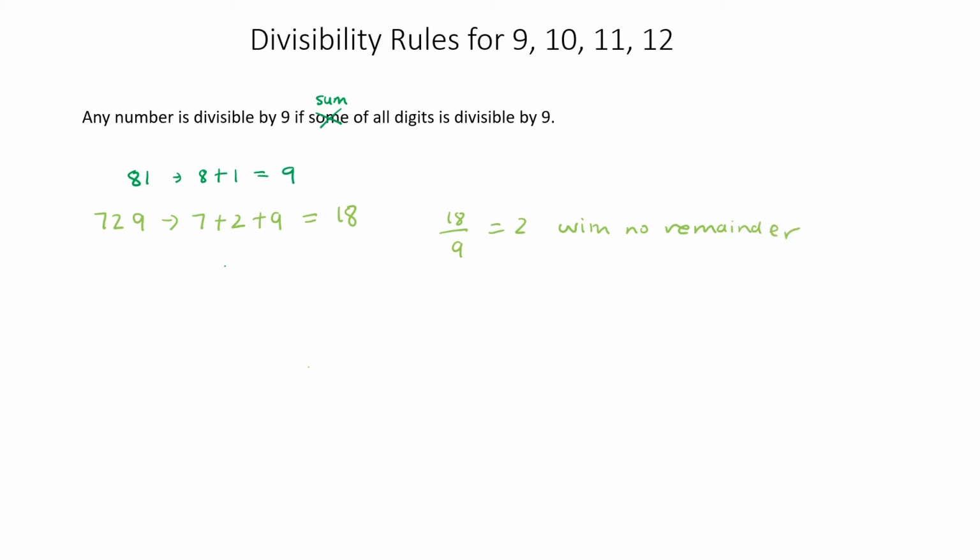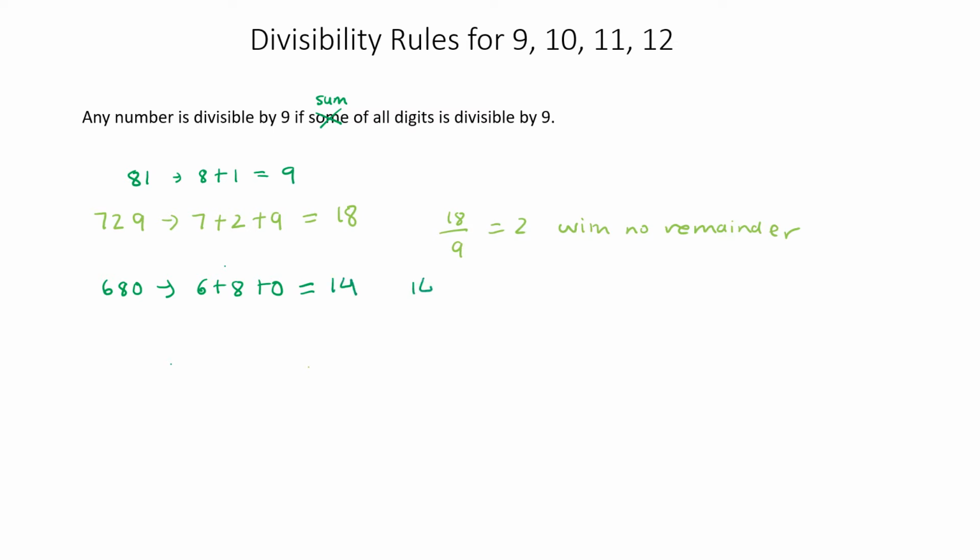Now, let's try another number. Let's take 680. So if I add these digits together, 6 plus 8 plus 0, 0 doesn't really count, but 6 plus 8 is 14.